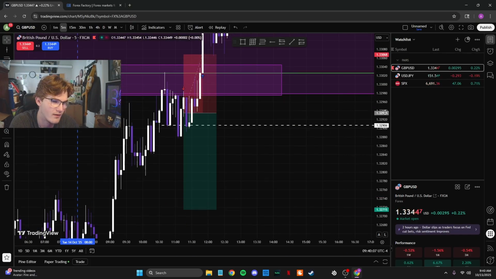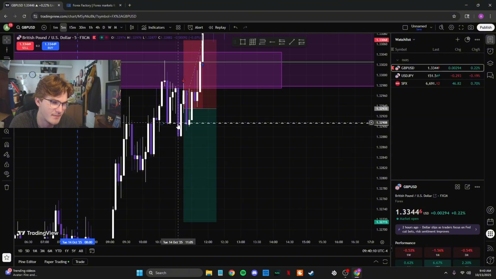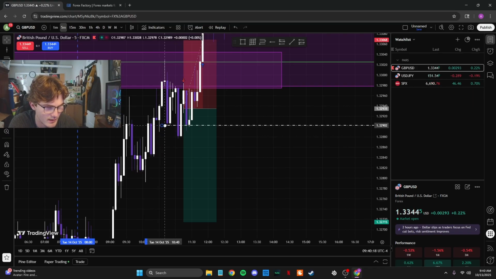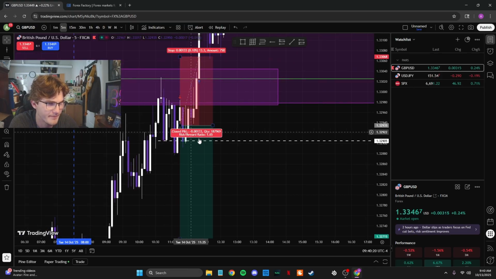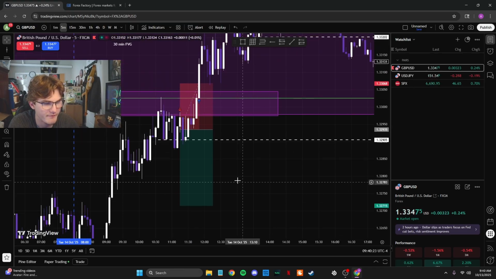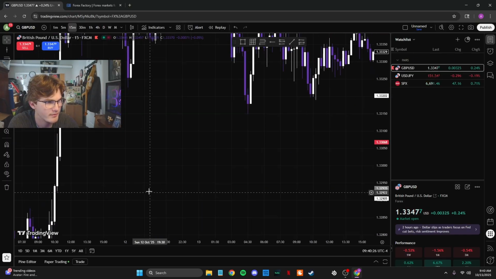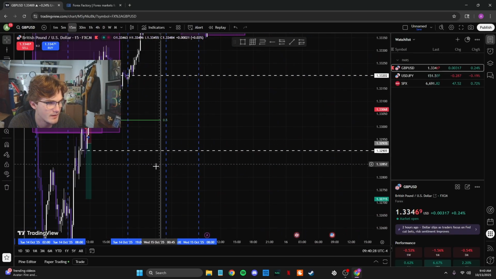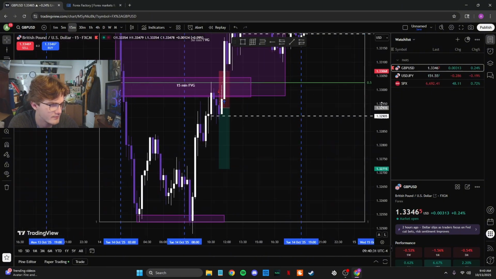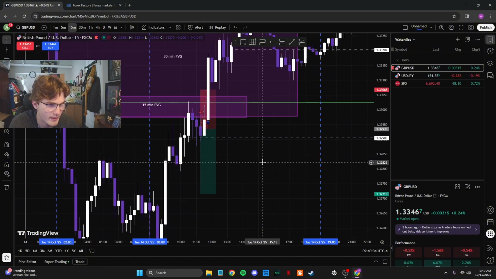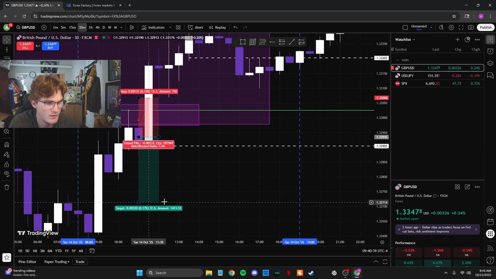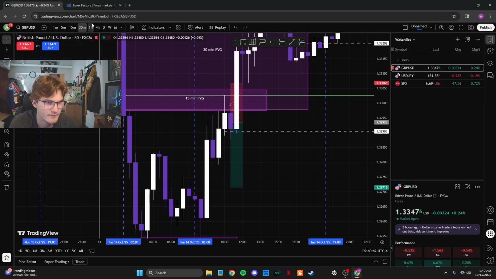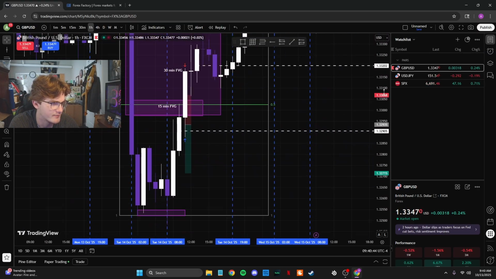And I thought, for some reason, that this meant it was going to be a true break of structure because it was below this low right here. However, what I failed to realize was that on both the higher time frames, and look, no break of structure on the 15, no break of structure on the 30 minute, definitely not a break of structure on the 1 hour.